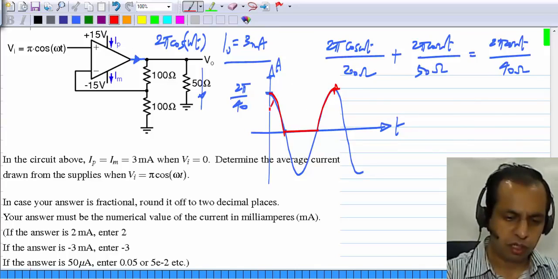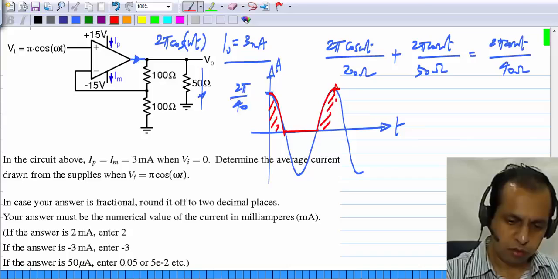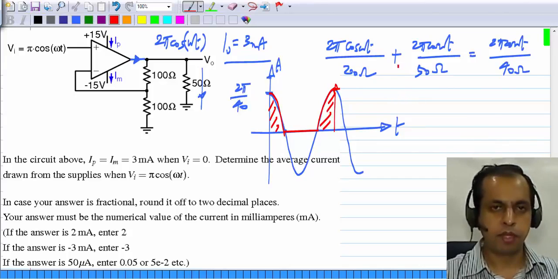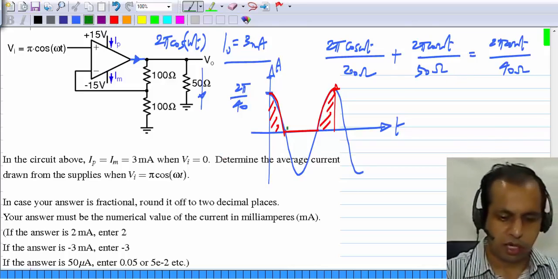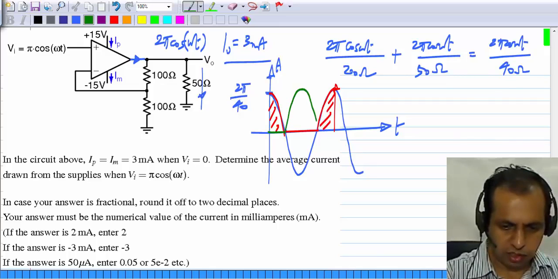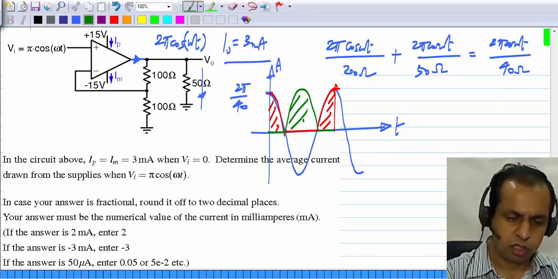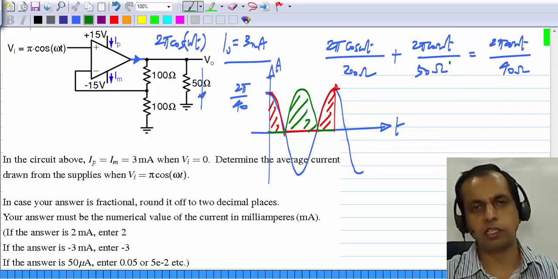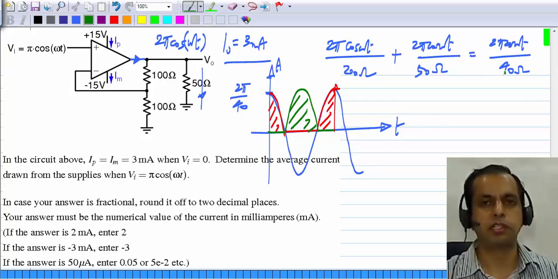Ip will be average of this positive part plus I naught, which is 3 milliamps, and the negative part will contribute to Im, so the negative current is that much, so the average of this plus I naught will be Im, and average of this red and green stuff is exactly the same because the sine wave is symmetrical.